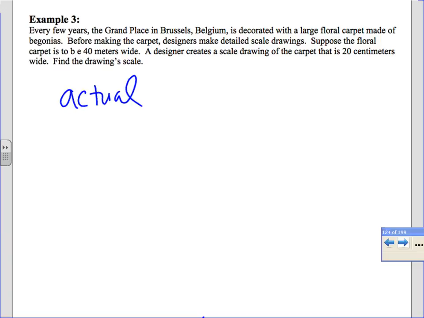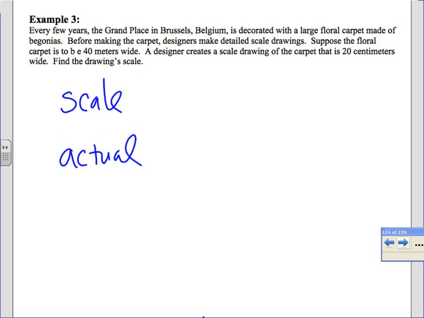I know. To me it's kind of weird to know they're making this carpet perfect. But you're right. This is very special. Yeah, I guess so. With begonias, Matt. Okay. I'm just kidding. They're special flowers.